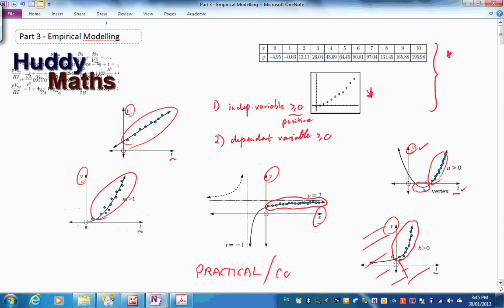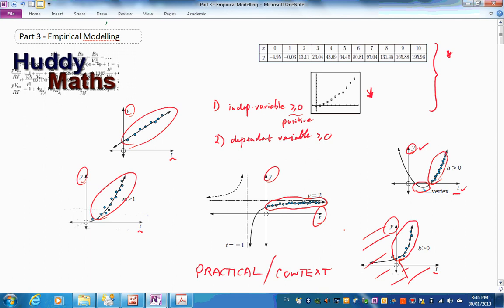Practical, look at the context or the situation in which the mathematics is going to be applied. So keep that in mind. That's extremely important in this course, to be able to talk about the limitations, the extent to which the model will be appropriate.